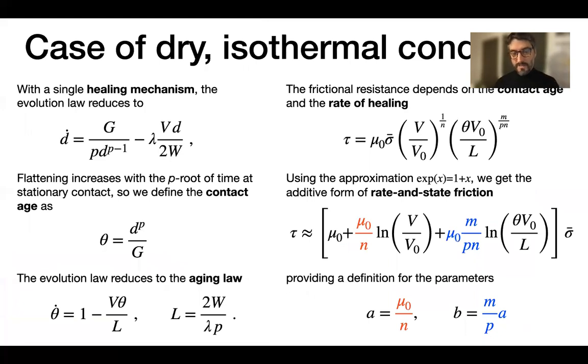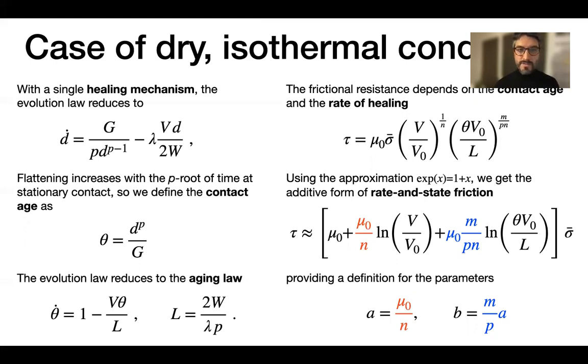We can also inspect the kinematic friction predicted by this constitutive framework. So let's consider first the evolution law for the radius of microasperities. This describes the evolution of the radius of curvature of the microasperities. Instead, we can look at the age of contact, which is simply the current radius of curvature divided by a reference rate of growth.